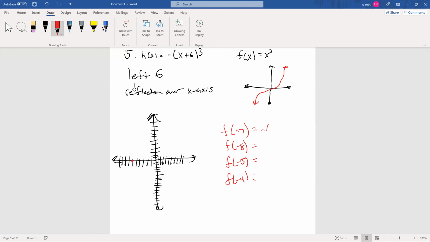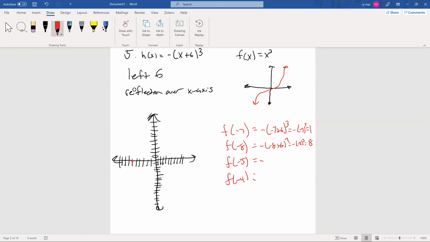So -7, that's going to be -7 plus 6 cubed. So a -1 cubed, and that's going to be 1. Because -1 cubed is -1, and the negative of that is 1. -8 is the same thing, but with a -2 on the inside cube. 2 cubed is 8, but -2 cubed would be -8, and then negative again would be 8.